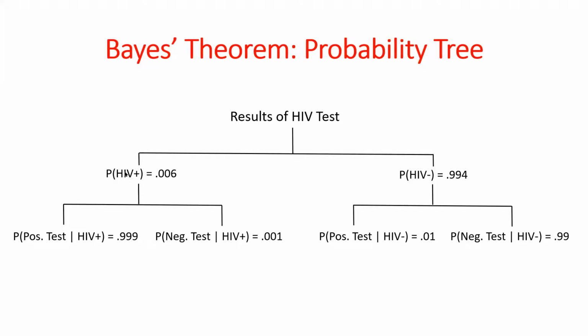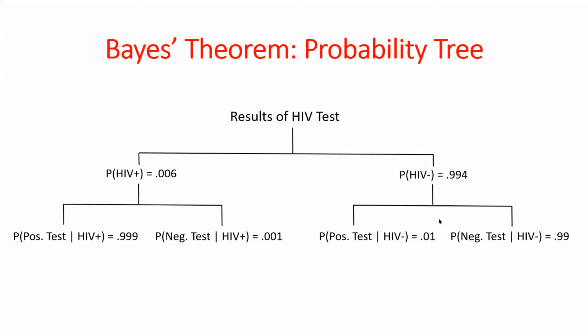Then on this branch of the tree, I'll condition on that state of nature, right? So I'm conditioning on someone being HIV positive, and the two conditional probabilities I'm looking for will be the two different outcomes of the test. Because I've conditioned on the same state of nature, I know these two probabilities will add up to 1. So when I'm given only one of them, I can automatically find the other.